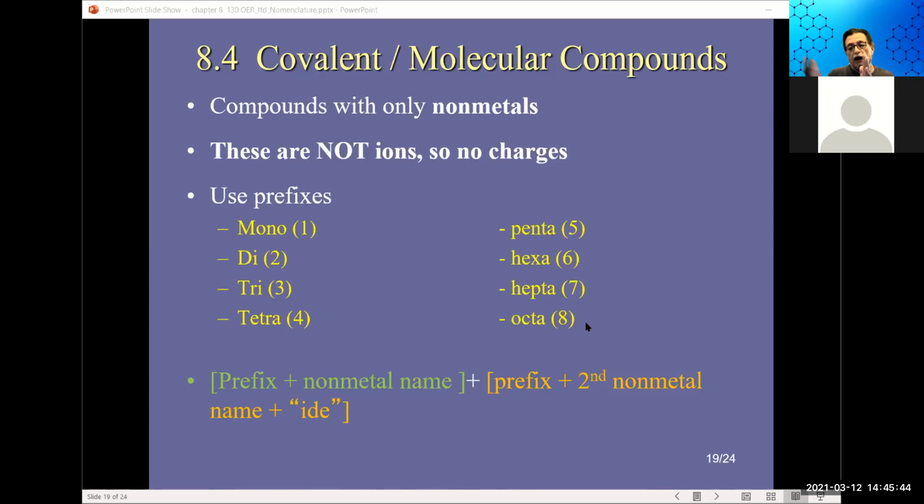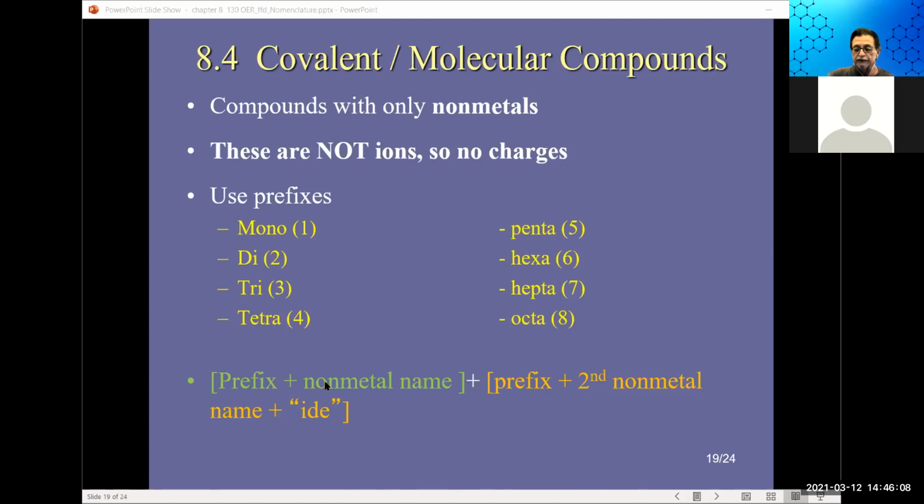If sulfur follows the central atom, then it becomes sulfide, okay, because it's bonded to the central atom. So it can be the central atom, or it could be bonded to the central atom. When it is the central atom, it's simply whatever name it is. And we may use a prefix if there's more than one, okay?